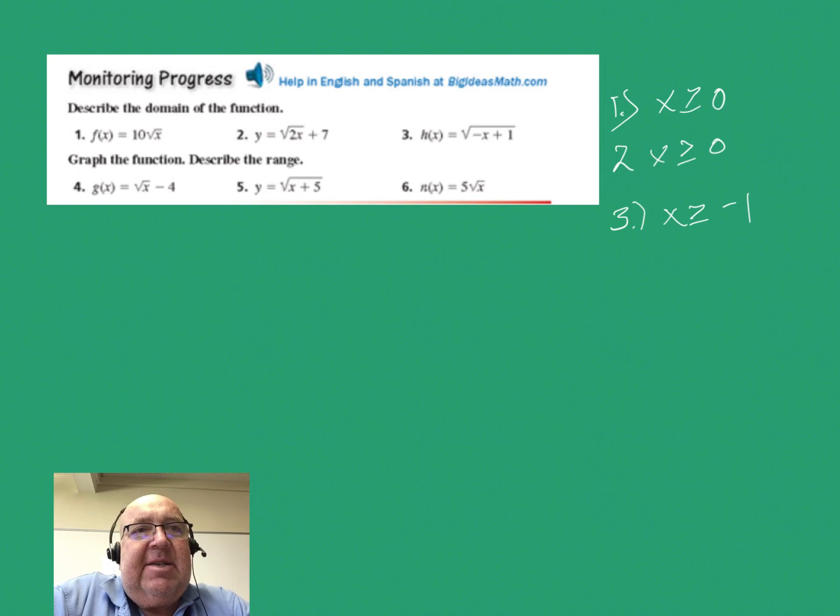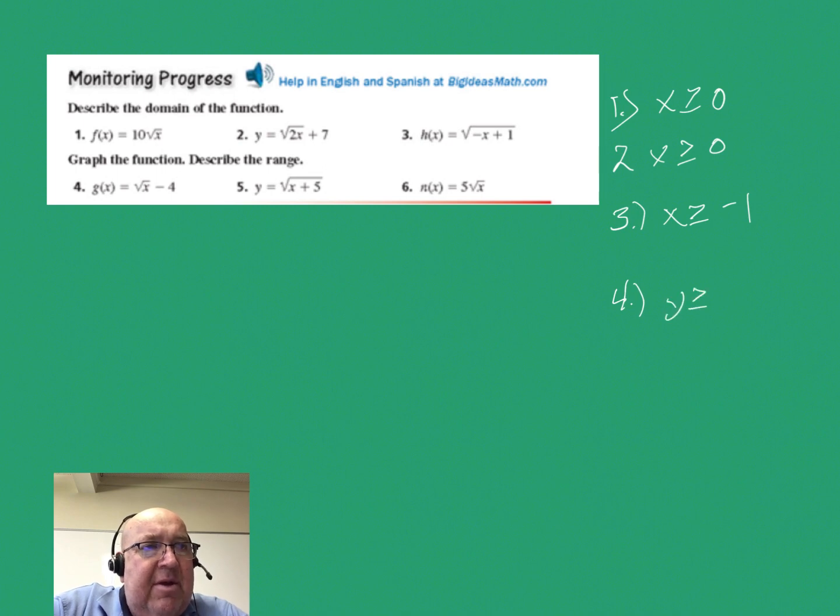Okay, looking at the next ones, it asks me to graph and state the range. I'm not going to graph or ask you to graph, but we know that this one's going to shift 4 units down because of the negative 4 there. So our y values are going to be greater than or equal to negative 4.